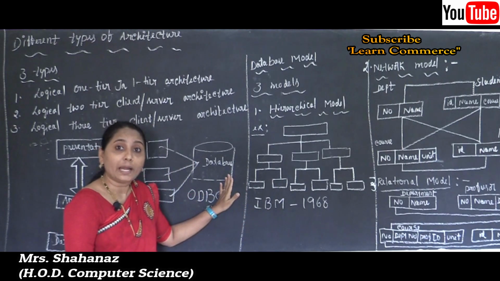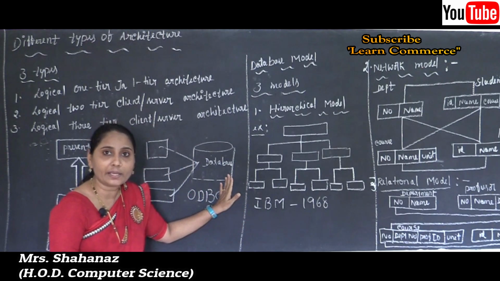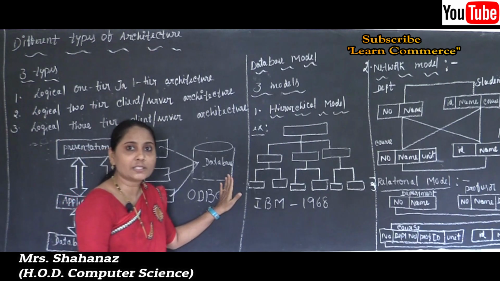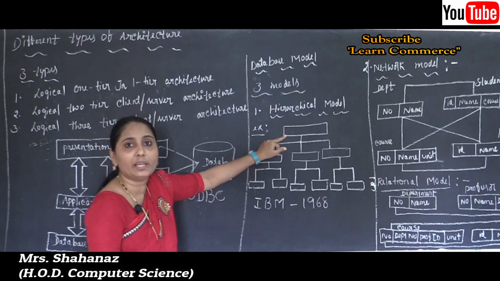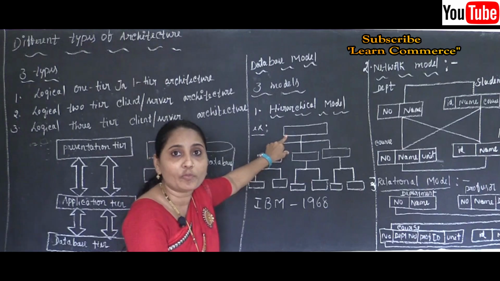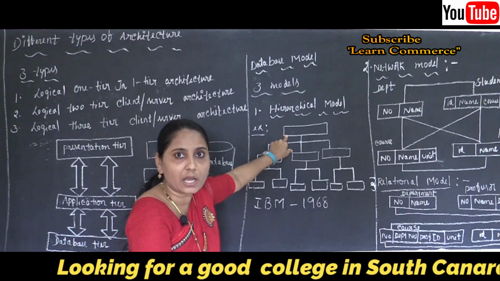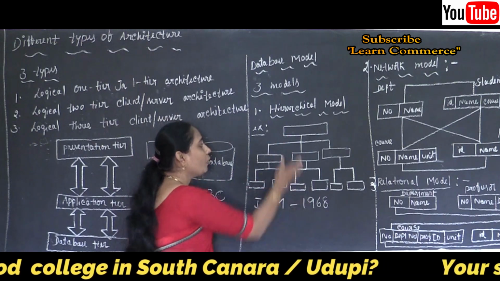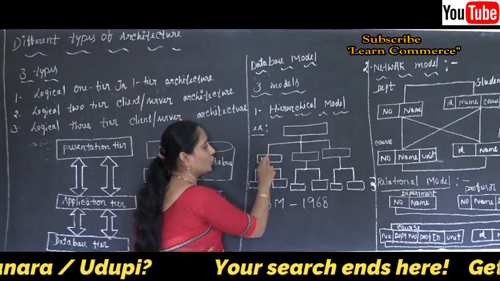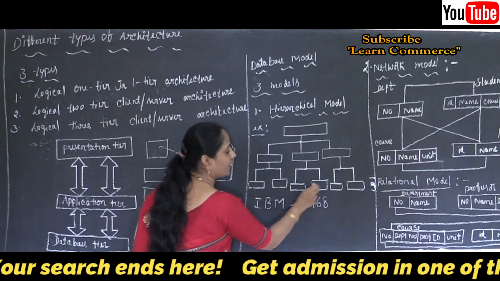The database based on the hierarchical data model consists of a collection, or set, of records, and all these records are connected to one another. Many records are there: 1, 2, 3, 4, 5, 6, 7, 8, 9, 10.